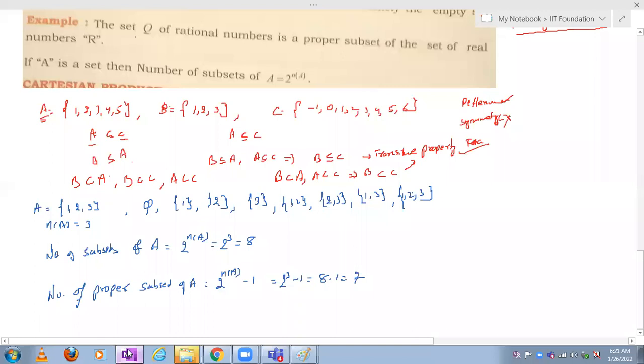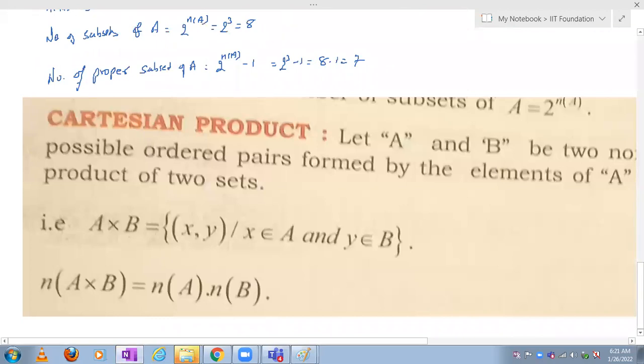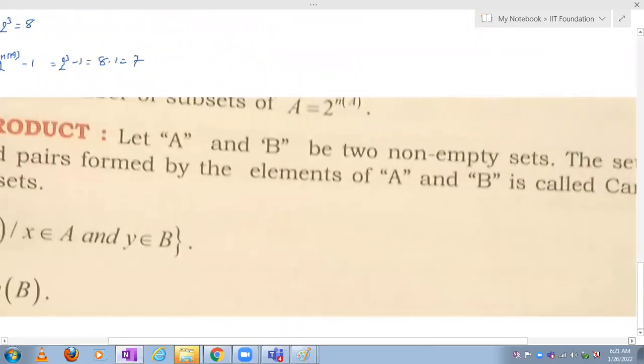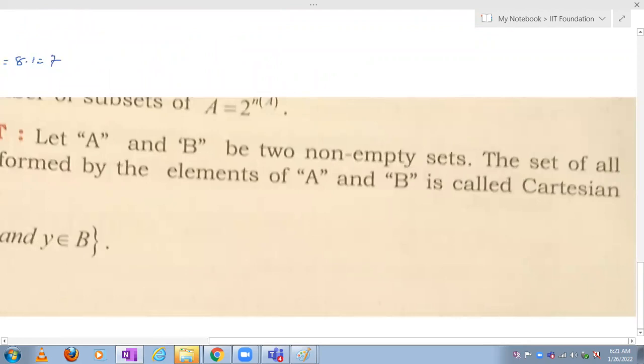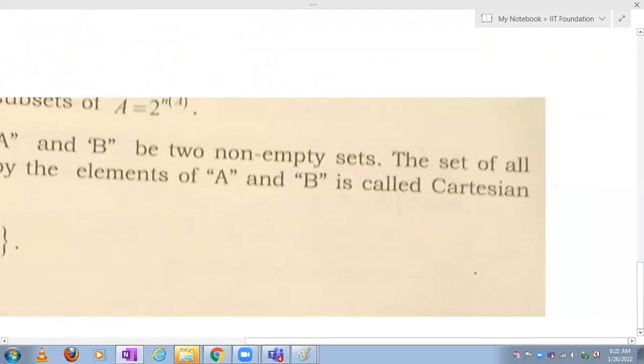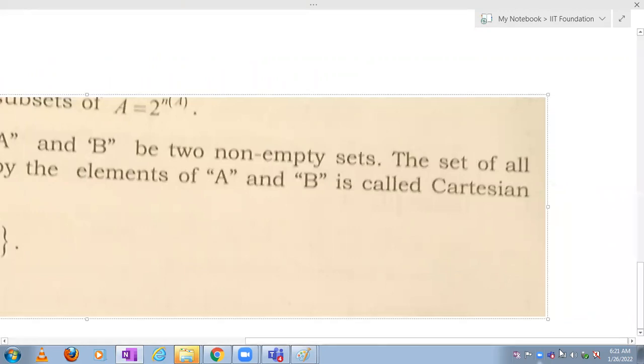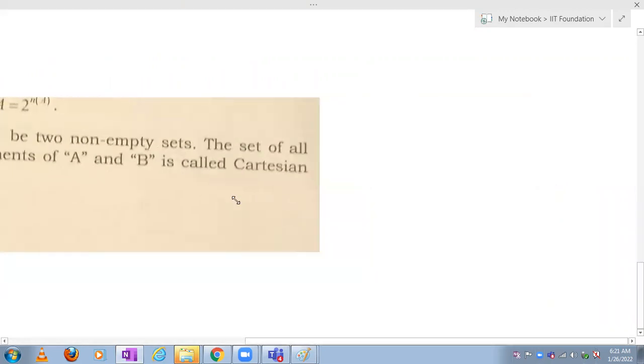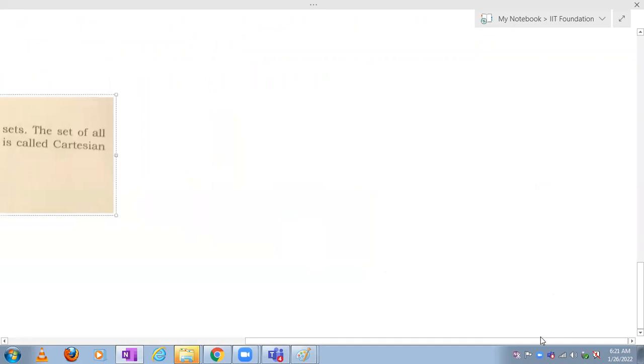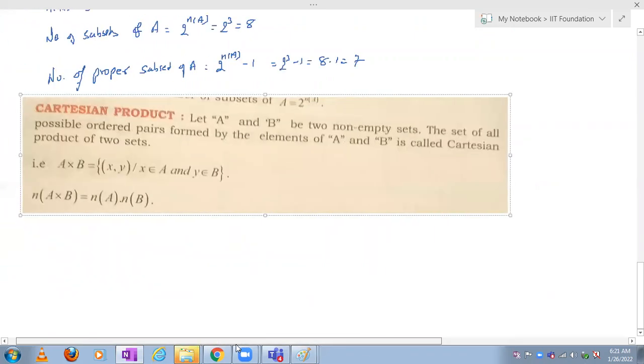Before that, in sets means union of set, intersection of set, and symmetric difference A delta B of a set. So these all we will learn. We have learned also that previously.